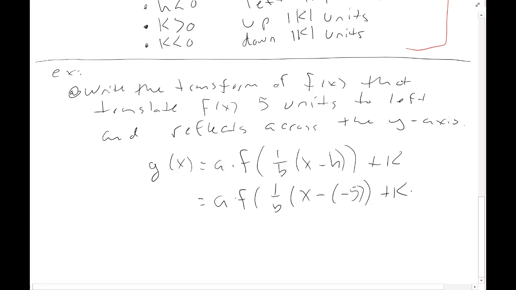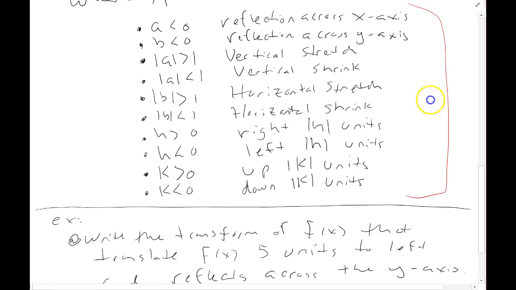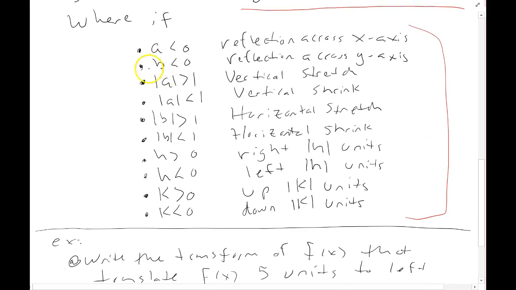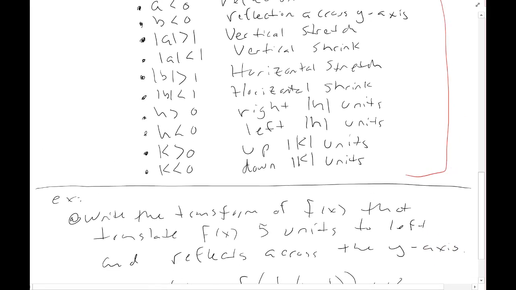The next thing it says is it reflects across the y-axis. So I'll figure out which one does that. That tells me b-values that are less than 0. So I know the b-value is going to be negative, but I don't have any information about a horizontal stretch or a horizontal shrink here.